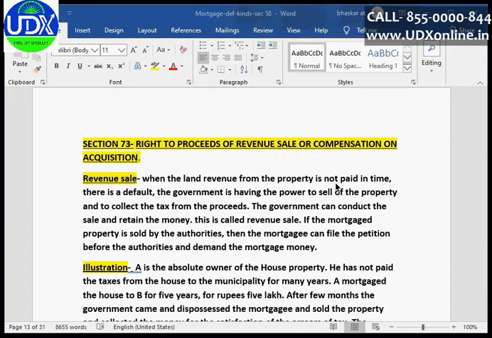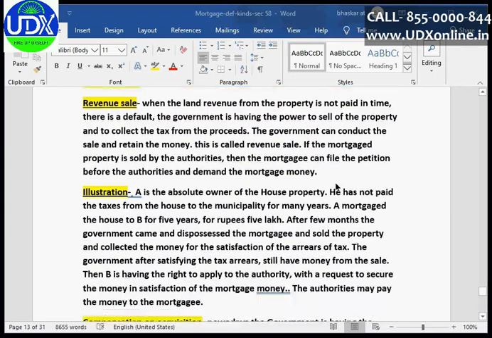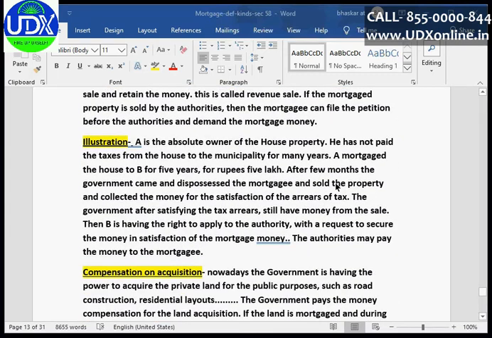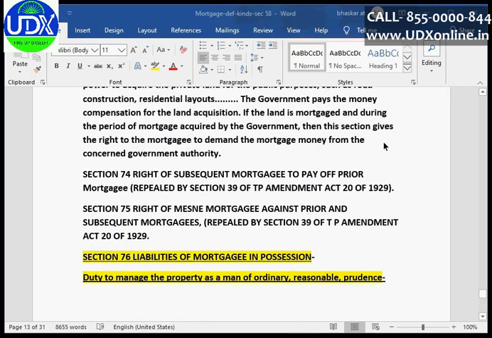They will divide it. Okay? So you have to write simply this much. Okay. So we will go to the next section. Section 74 is not at all there. Okay. Section 75 not at all there. It has been repealed.